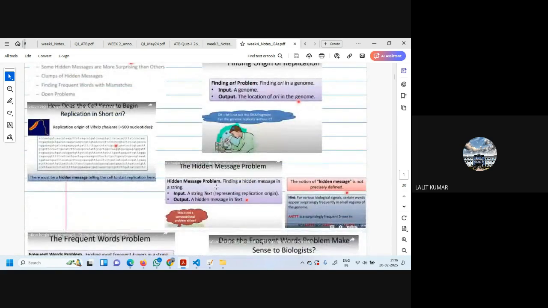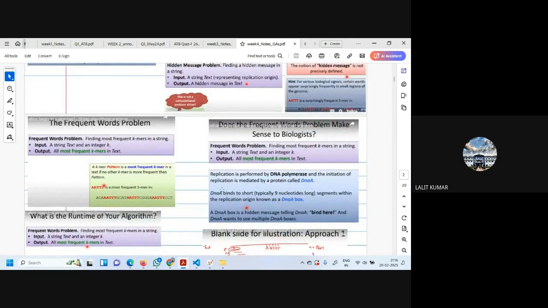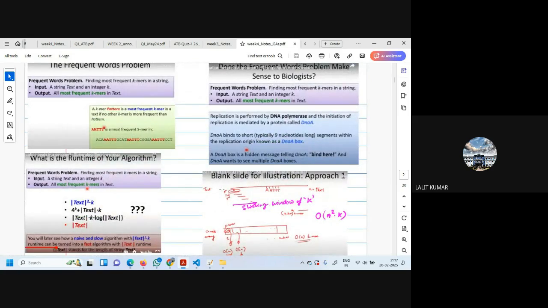So it is the frequent words problem. In string methods, if we have a long sequence and want to know the most frequent string of size 3, what we do is follow the window concept.